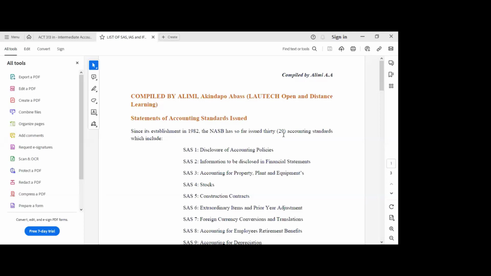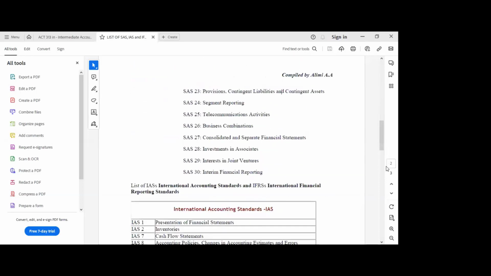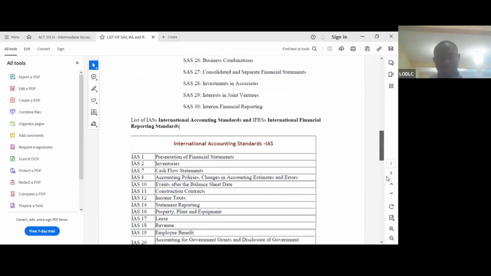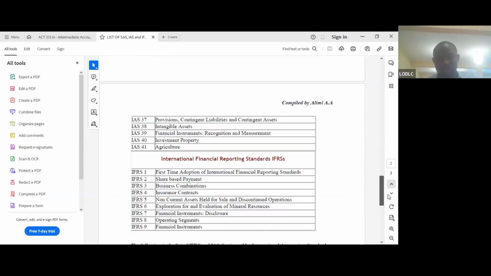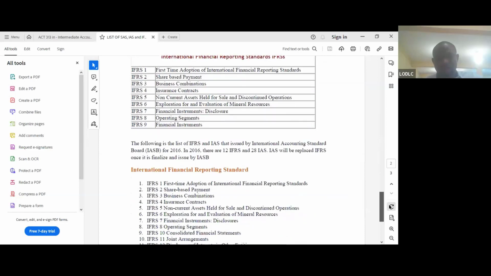So this is for the statement of accounting standards. This is for IAS. We have IAS 41. Then this is for IFRS. Have you seen it?